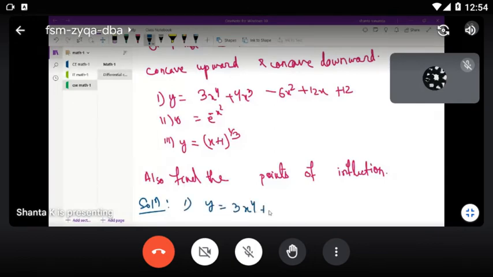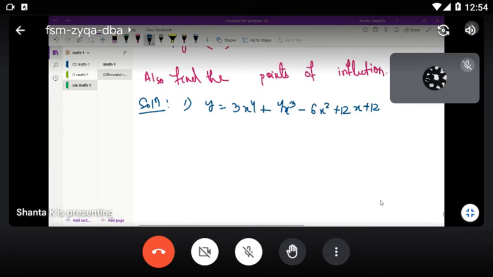Okay, let's see. But according to the graph, we cannot say that at the point minus 1 we have a point of inflection. If your second order derivative is vanishing and the graph is becoming concave upward to concave downward, right?